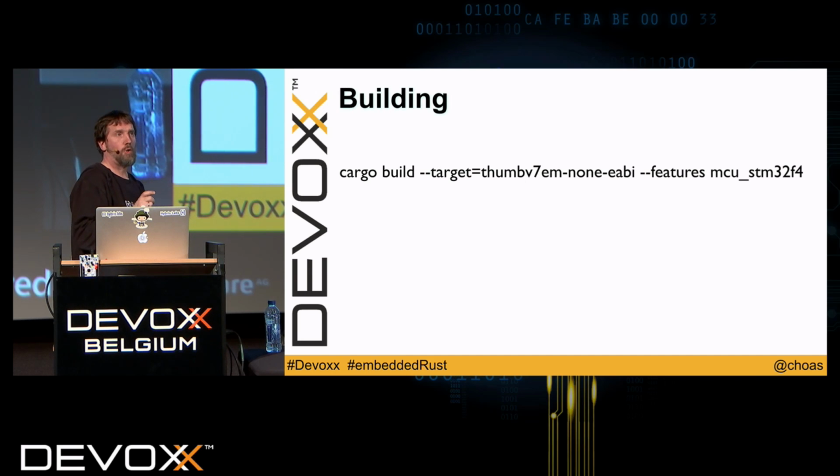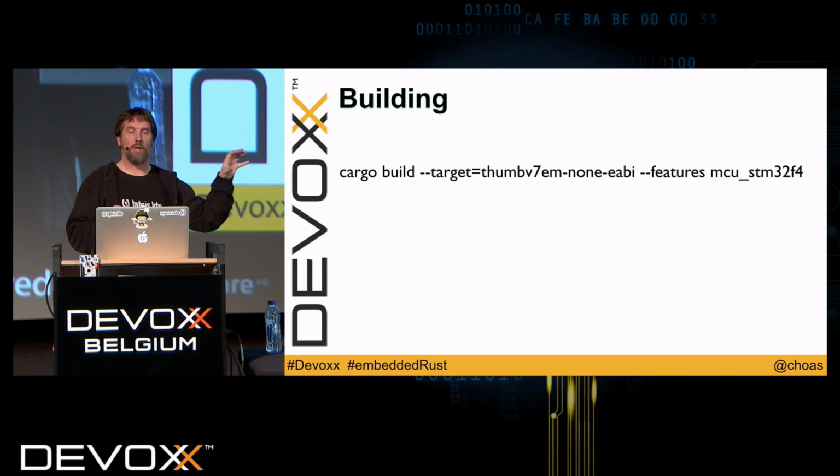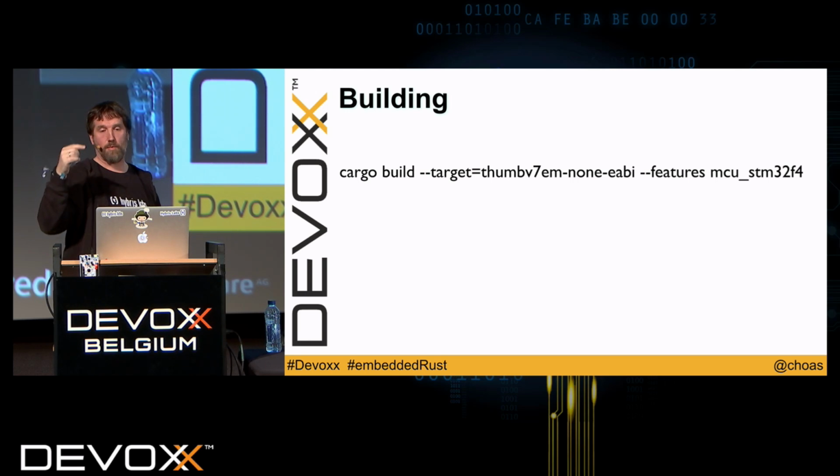Rust is using Cargo as package manager. With cargo build, we can build it, and I just put the target and feature parameters here. They can also be put into a configuration, but to make it clearer, we are using Thumb v7, an ARM code base, and the features of the STM32F4.